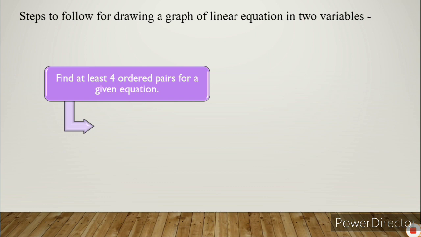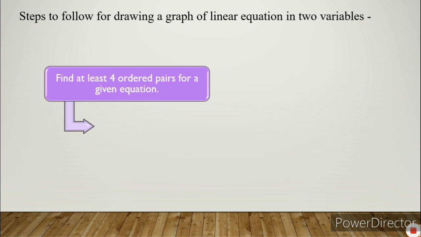Now, why is it suggested to take at least four ordered pairs? You know that 2 points are sufficient to represent a line. But if the coordinates of one of the 2 points are wrong, then you will not get a correct line.